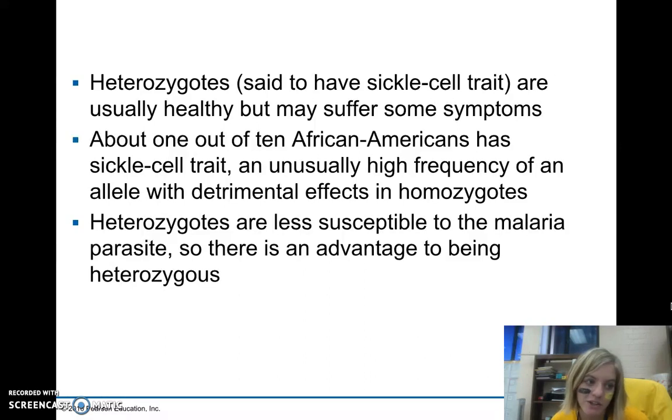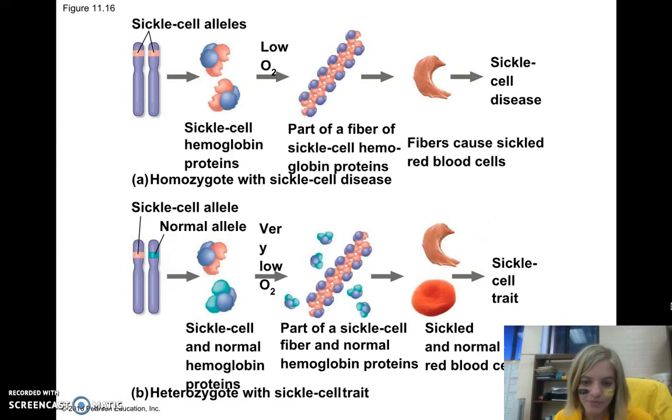So they sometimes survive even better than homozygous dominants who have normal red blood cells. That's why evolutionary biologists believe that this trait has survived despite the fact that its recessive homozygous alleles are pretty detrimental. And this is what the sickle cell actually looks like.